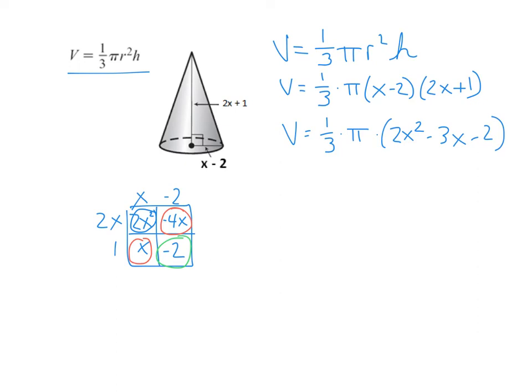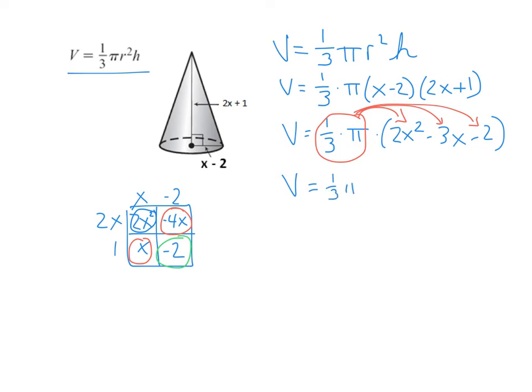Now at this point, we can just distribute the 1/3 and the pi together into each term in the parentheses. So I can take this factor and multiply it throughout the parentheses, and we can leave pi as pi, so in terms of pi. So 1/3 times pi times 2x squared. Now I'm going to write that all out just to make sure you understand what's going to happen here.